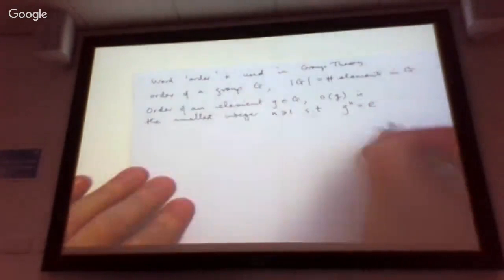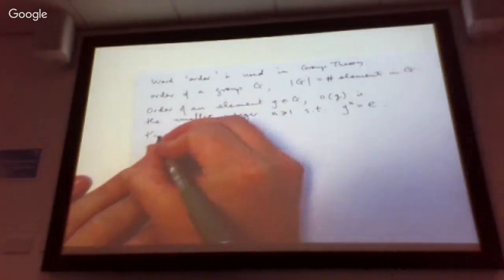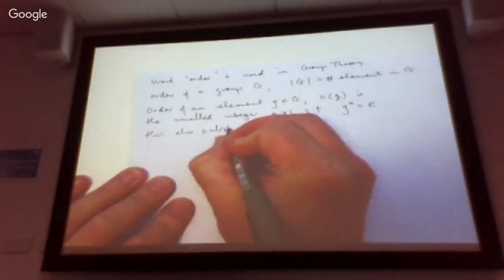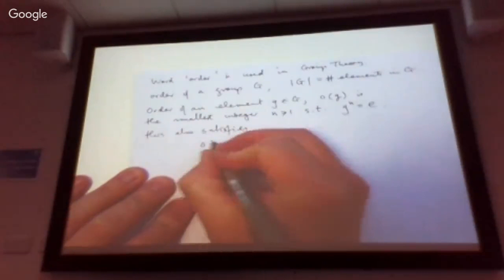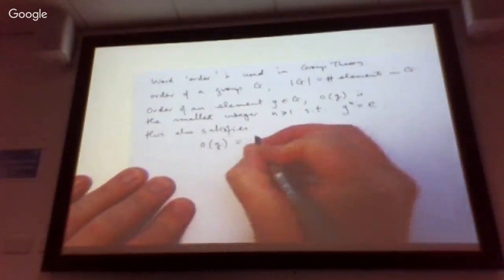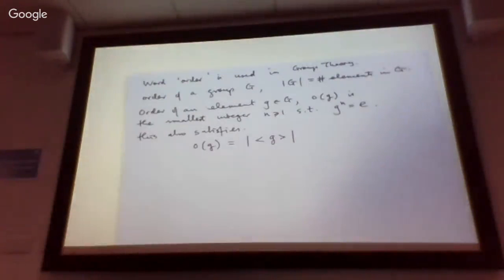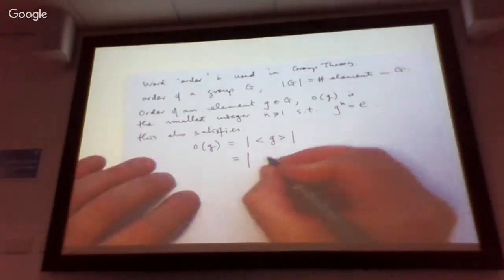And this also satisfies, of course, that the order of a group element is the order of the cyclic subgroup generated by that element, okay? Because that's the order of this set of elements.